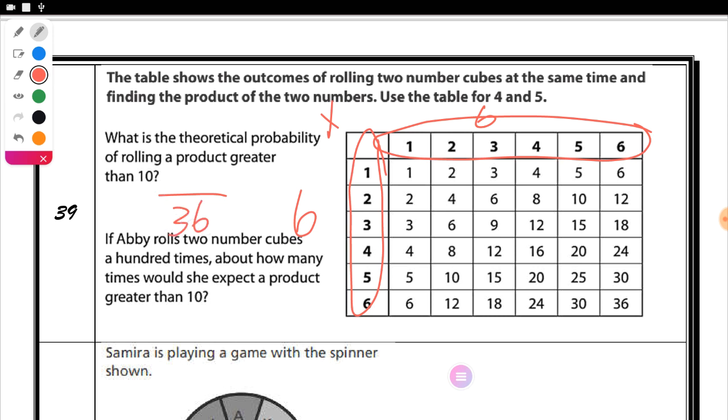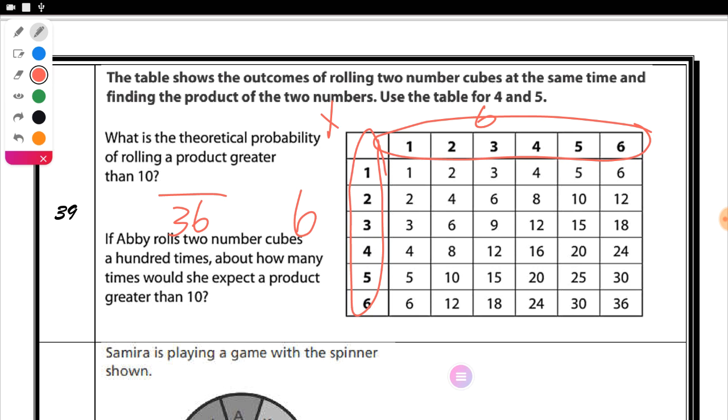He asked: what is the theoretical probability of rolling a product greater than 10? Theoretical means we didn't do it in actual life. We just do it on paper. We try to expect what should happen on paper only. So theoretically, if I need the product of the two numbers to be greater than 10: 1 times 1 is 1, it's not right.